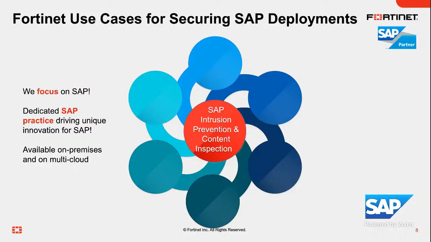And if they belong to SAP, we would look at this packet and we would be able to identify if this network request is trying to utilize a vulnerability within an SAP system. And if it does, we would be able to block that or redirect this attack.